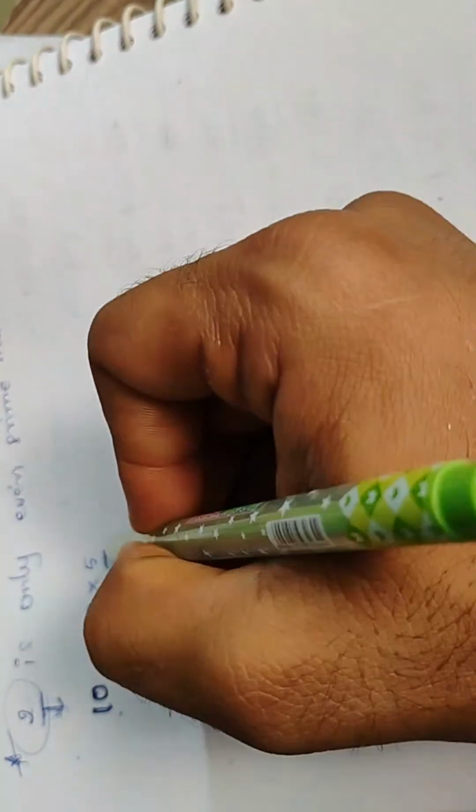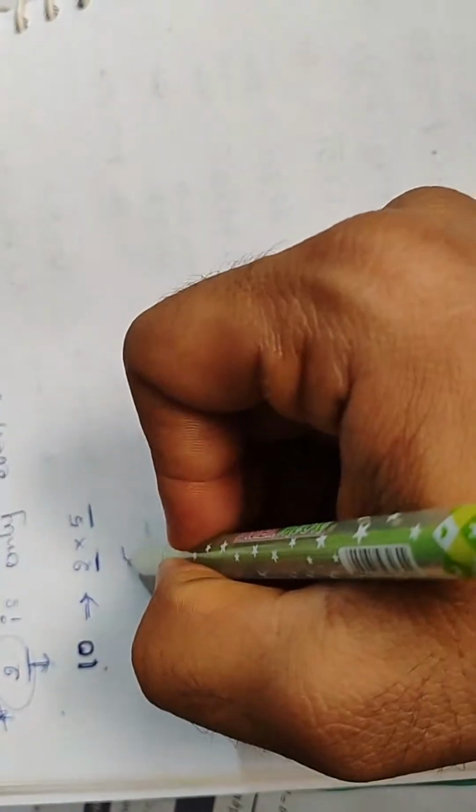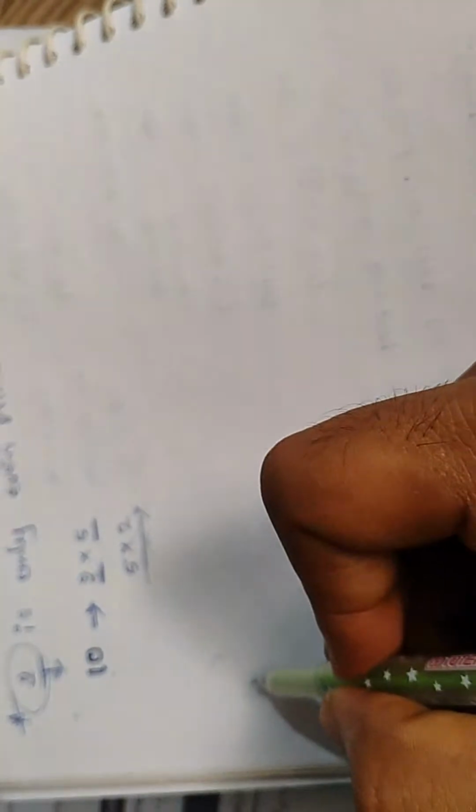Every composite number we can write in the form of prime factorization. The order can be anything: 2 into 5 or 5 into 2, both are the same.